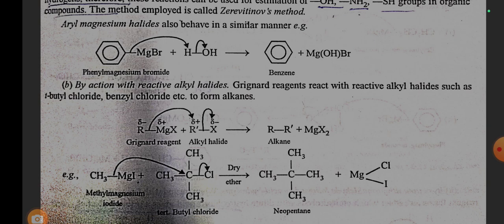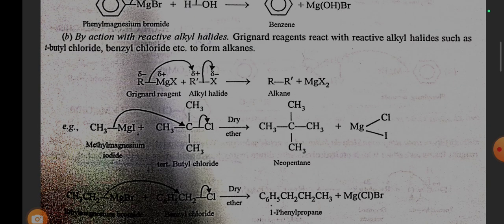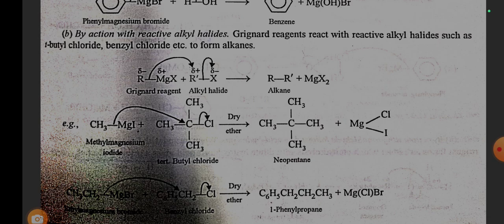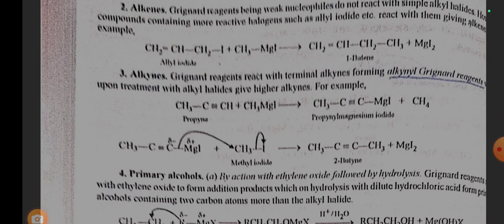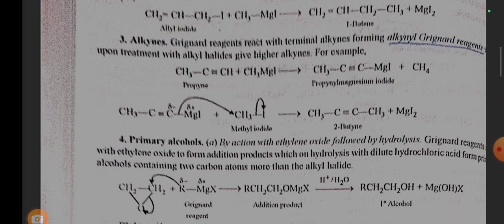B. By action with reactive alkyl halides. Grignard reagents react with reactive alkyl halides such as t-butyl chloride, benzyl chloride, etc. to form alkanes. 2. Alkenes. Grignard reagents, being weak nucleophiles, do not react with simple alkyl halides. However, compounds containing more reactive halogens such as allyl iodide, etc. react with them, giving alkenes. Example, allyl iodide + CH3MgI gives 1-butene + MgI2. 3.